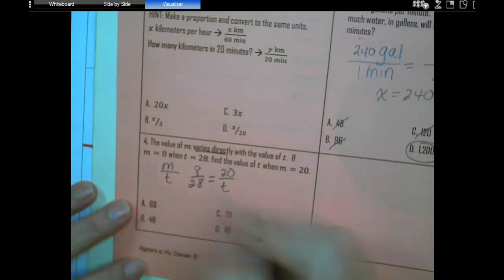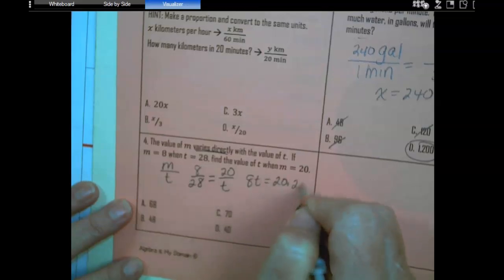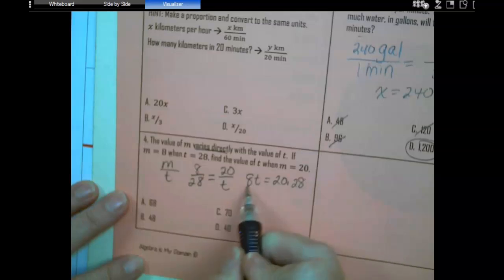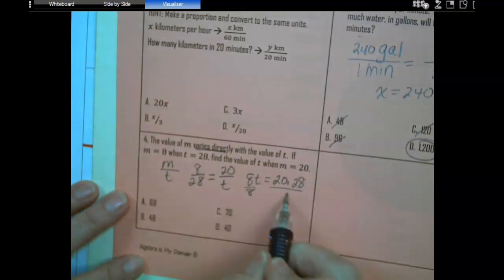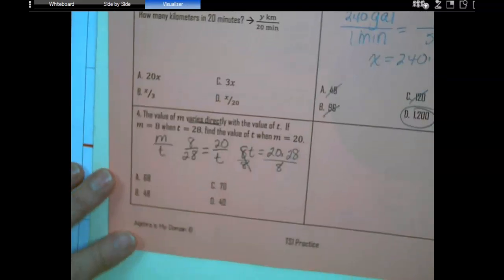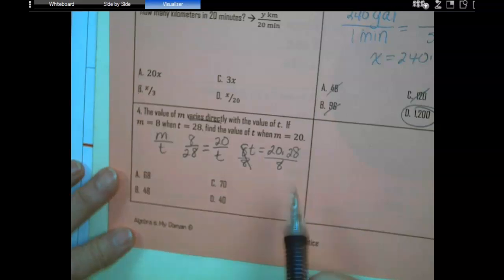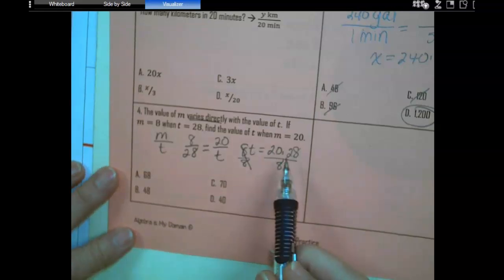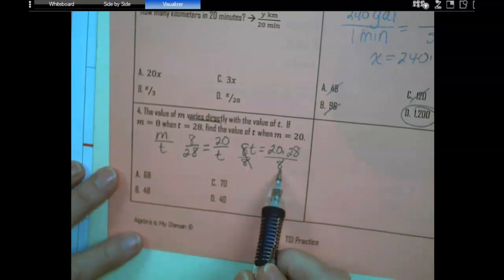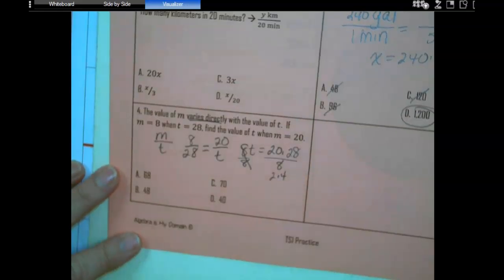I'm going to go ahead and do my cross multiply. And then I'm going to divide by 8. And I still don't have a calculator. So when I look at the 8, y'all, 8 is 2 times 4, correct?